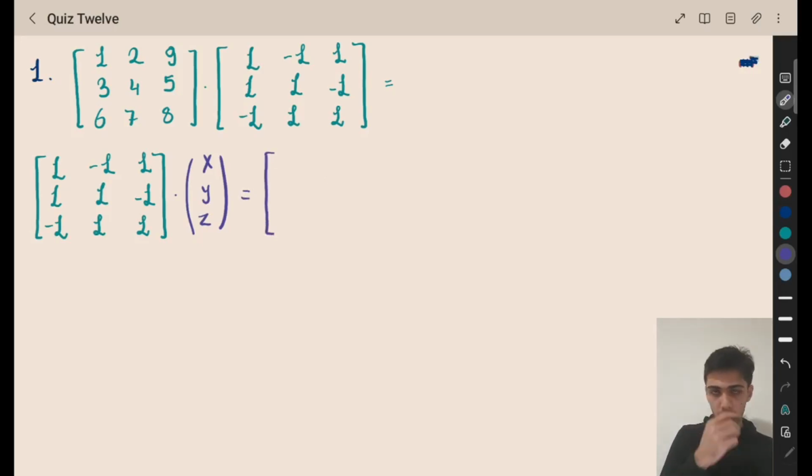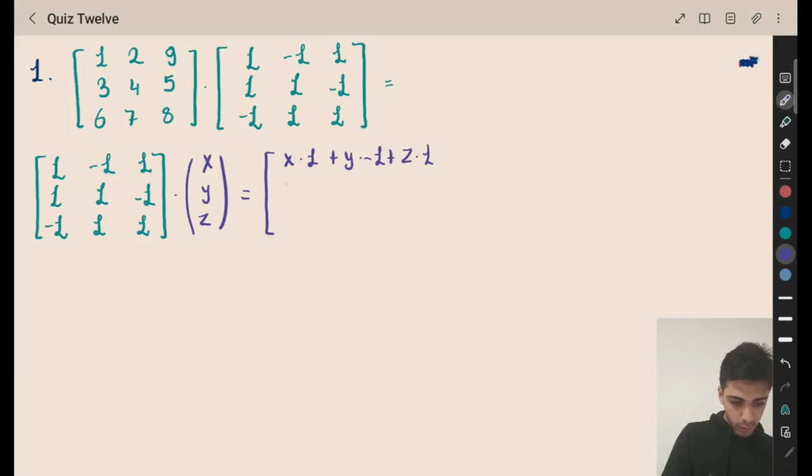This is how it's defined. You take the first component with the first component, second one with the second one, third one with the third. If you know how it's done, then this is good. But if you've never asked yourself why this is the case, then let me tell you.